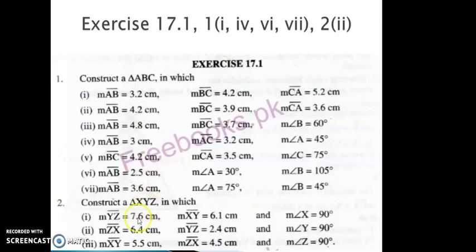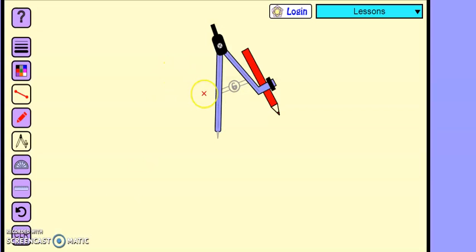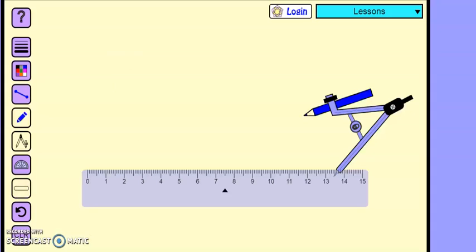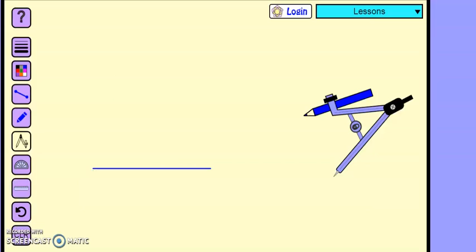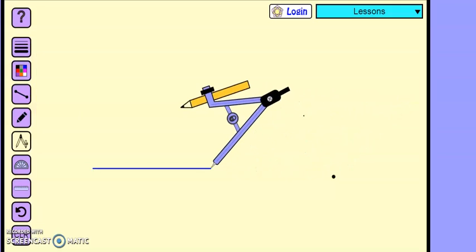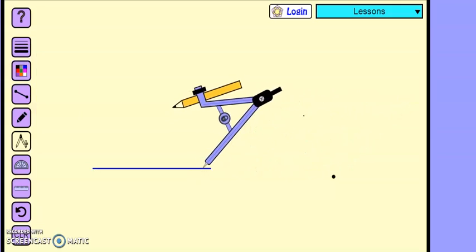Okay, so moving on to the geometrical section. First of all, draw a line segment of any measurement. So I'm going to draw a line segment of any measurement. Now, using this compass, I'm going to open my compass to any radius.